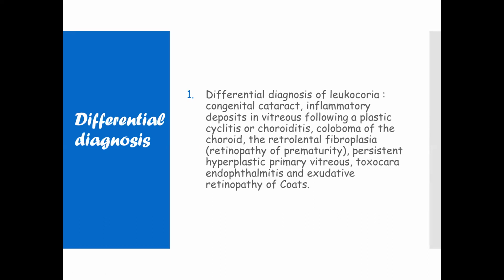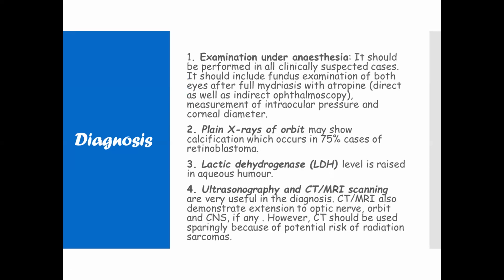This includes congenital cataract, inflammatory deposits in the vitreous following plastic cyclitis or choroiditis, coloboma of the choroid, retrolental fibroplasia, which was previously known as retinopathy of prematurity, then persistent hypoplastic primary vitreous, PHPV, which also has a different name, which we now call persistent fetal circulation. So it's not known as PHPV anymore. Then toxocara endophthalmitis and exudative retinopathy of course.